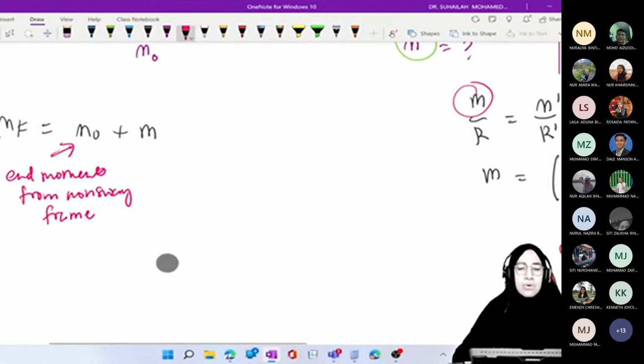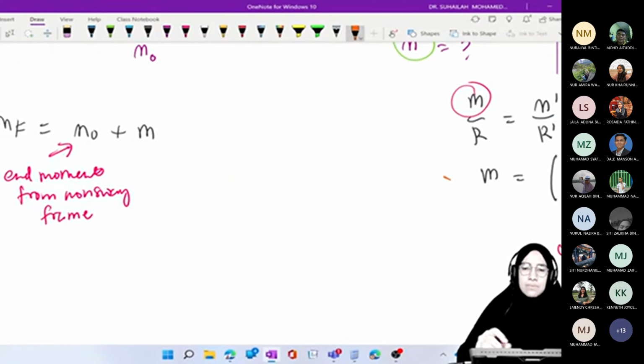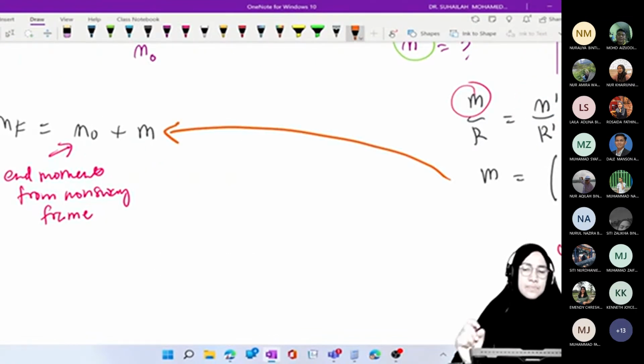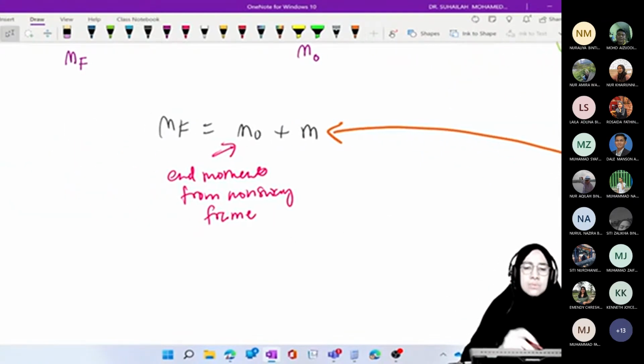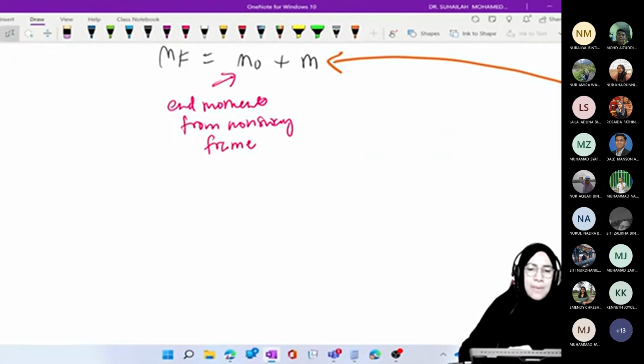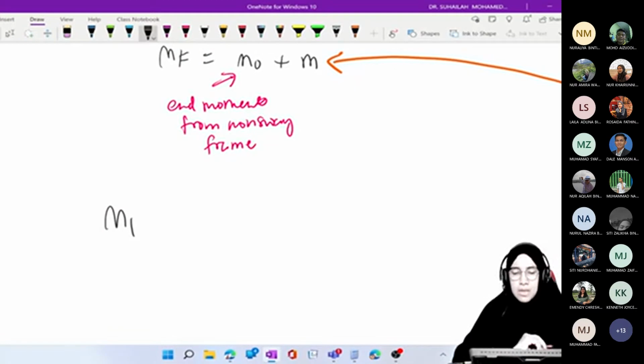So this value we substitute into M final. So what we get is M final is equal to, this is the concept.